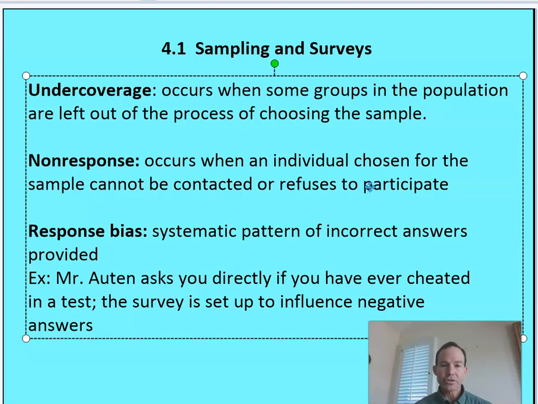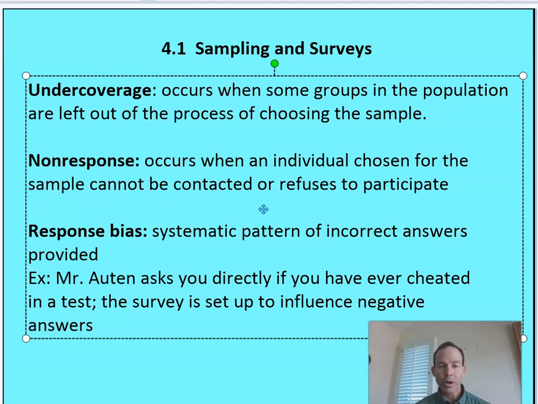Non-responses occur when an individual chosen for the sample can't be contacted or refuses to participate. We talked about this. Response bias is a systematic pattern of incorrect answers provided because of the way that you're asking the question or who is asking the question.